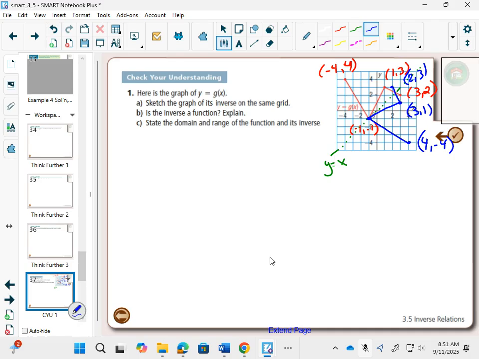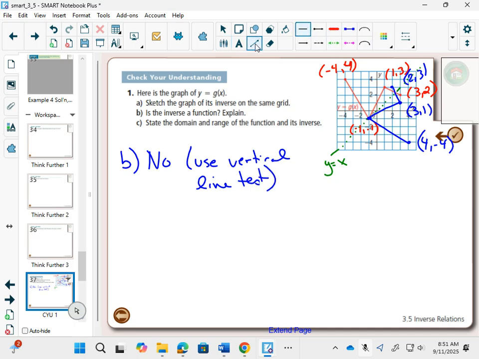Is the inverse a function? Do you remember how to tell if something was a function or not? The answer to this is no. And we use something called the vertical line test. You might remember this once I mention it and once I show it to you.